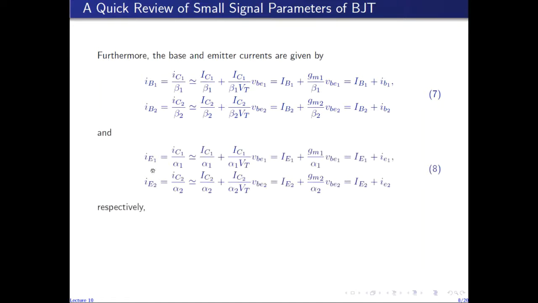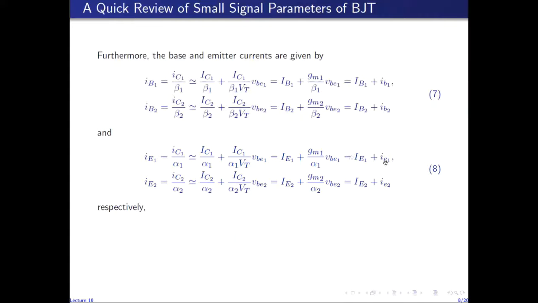And then we write the emitter current as IC over alpha. So IE1 is IC1 over alpha, IE2 is IC2 over alpha, and then putting in the value of IC1 and replacing IC1 over VT as GM1 and IC2 over VT as GM2, we find these relations, where this is the contribution due to the DC voltage, so we call it the DC component of the emitter current, and this is the contribution due to the small signal component of the input voltage.